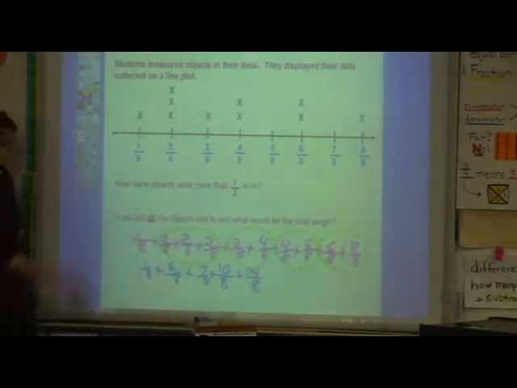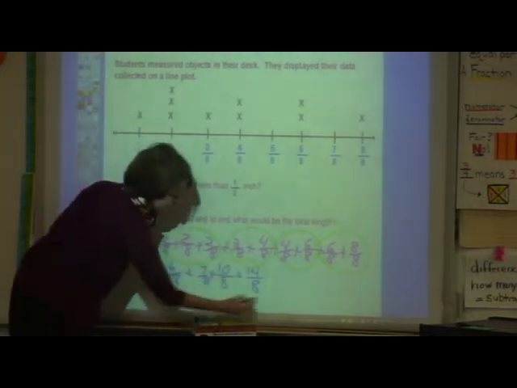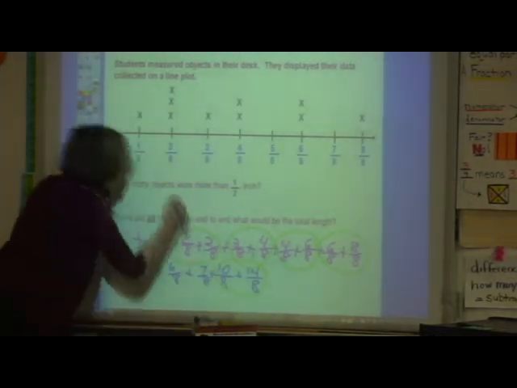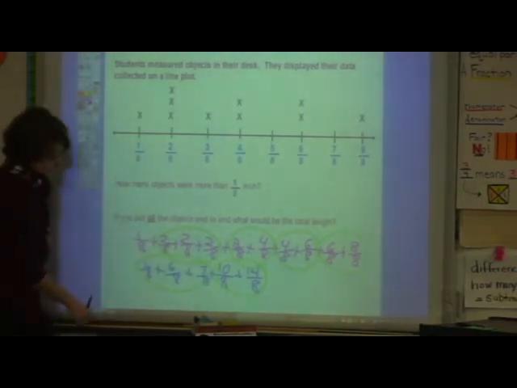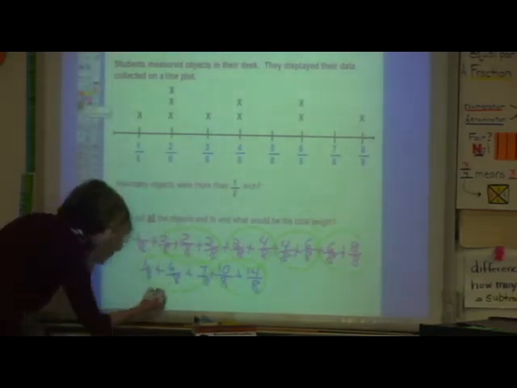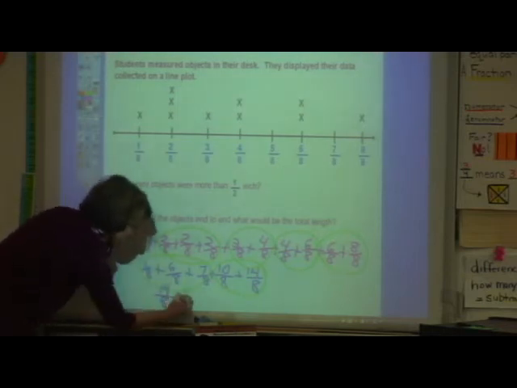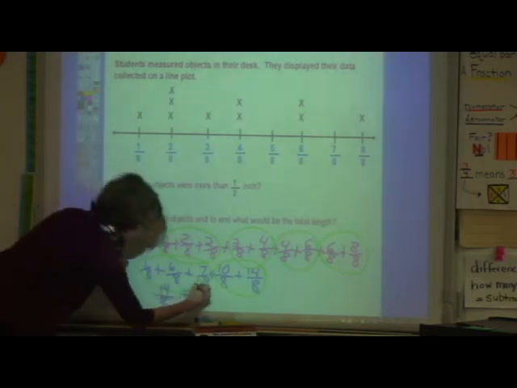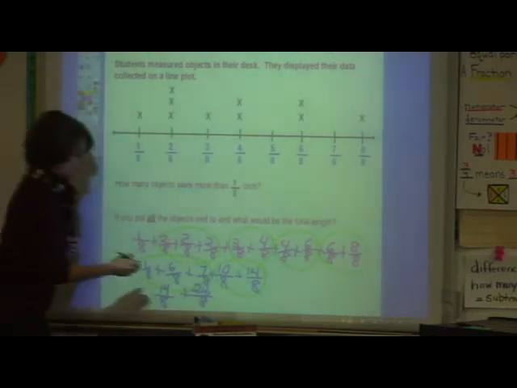Let's see, 24. And they could move it out again. 10 and 14 is 24. They put all those together, 14, 24 plus 14. I didn't plan this out real well, I can see that. 14 eighths and 24 eighths, with the 8 at the bottom. 38 eighths.